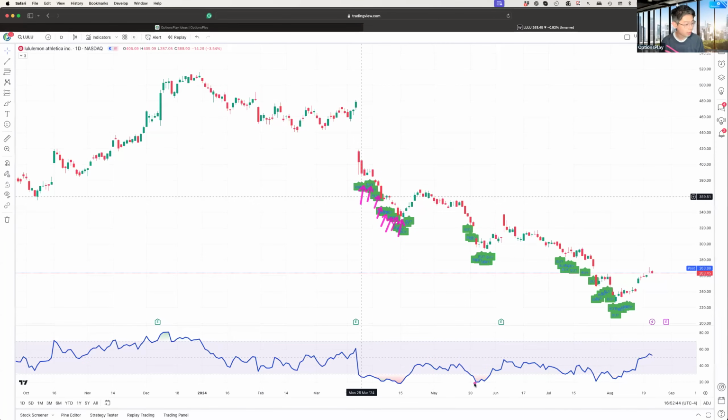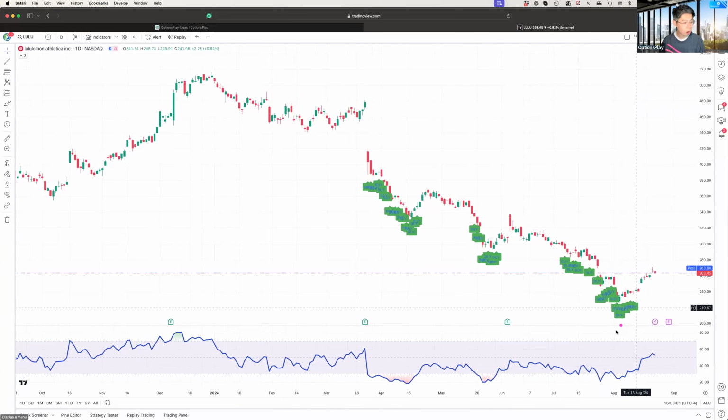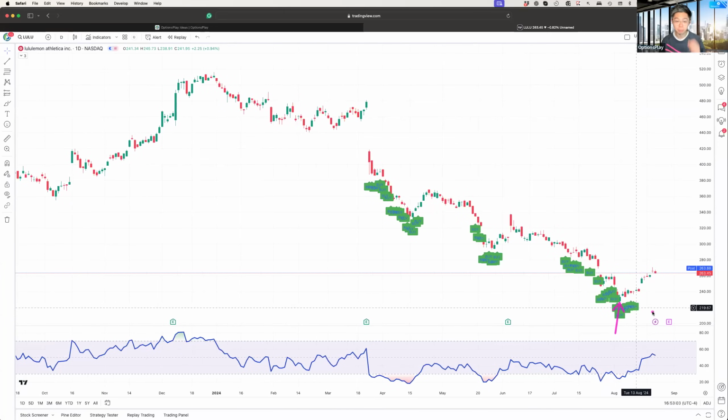Only when you get this positive divergence here does it seem to generate the true buy signal at the very bottom, right? We notice that if we only get that buy signal when there's that positive divergence, we are able to actually catch things at the very bottom. This is the earliest possible identification of a trend reversal that we're able to do with this new indicator.